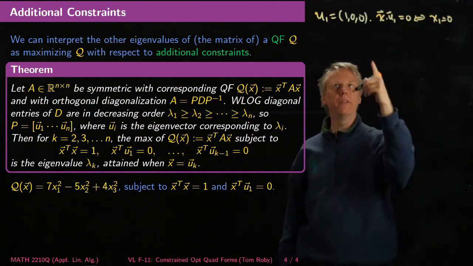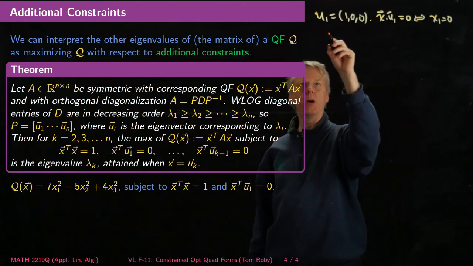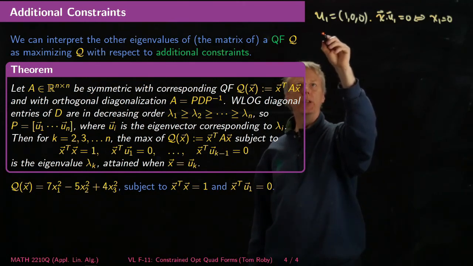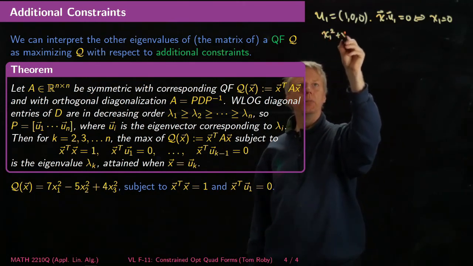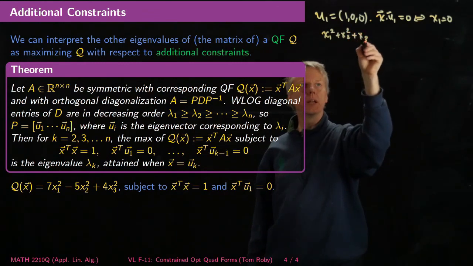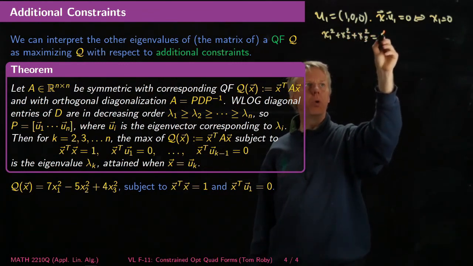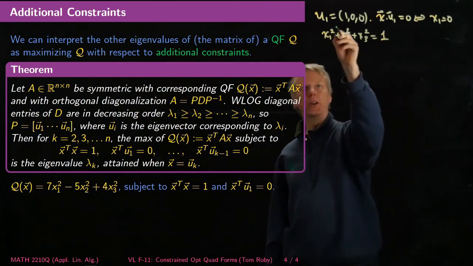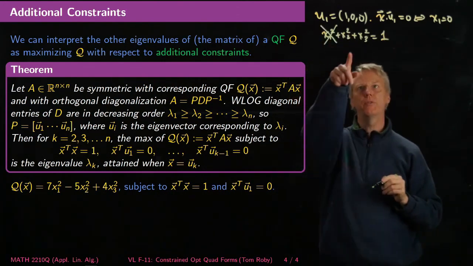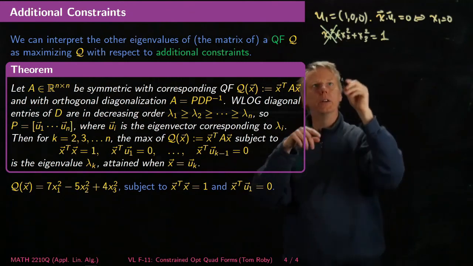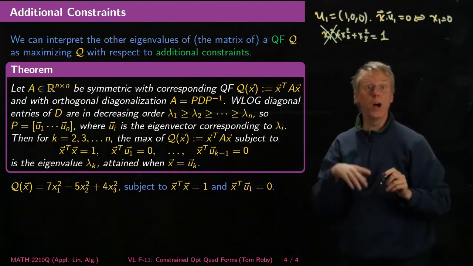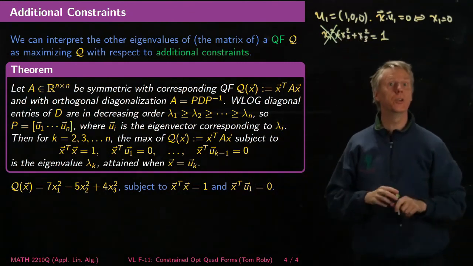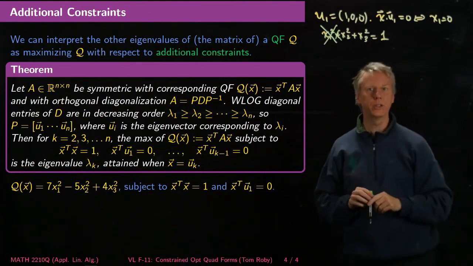Okay? So now if you think about it, that reduces this equation. We were saying that x1 squared plus x2 squared plus x3 squared is equal to 1, right? That's the unit sphere constraint. But now if x1 is 0, then this goes away, and we're just left with x2 squared plus x3 squared is equal to 1. So now we're on that unit circle that's orthogonal to the x1 direction.